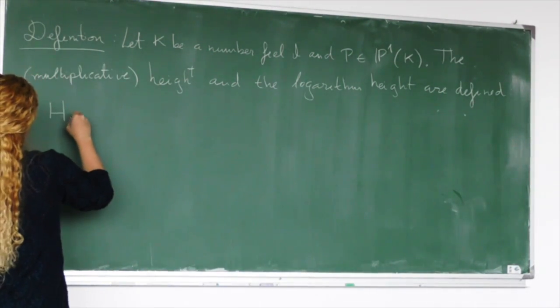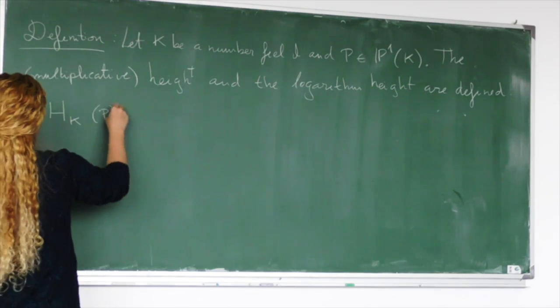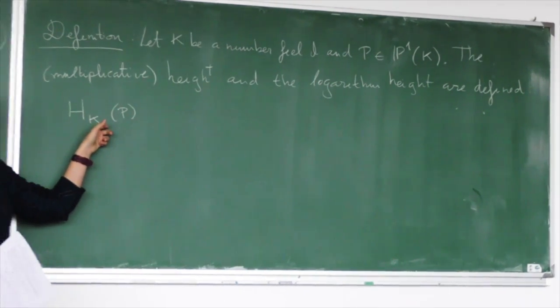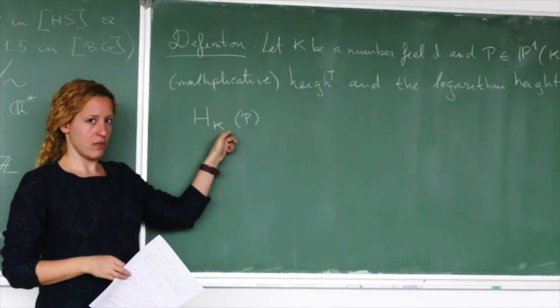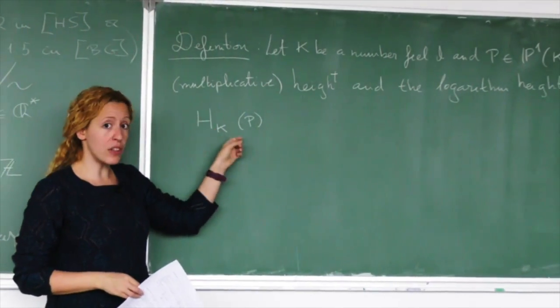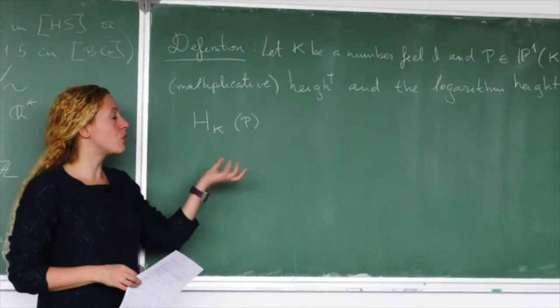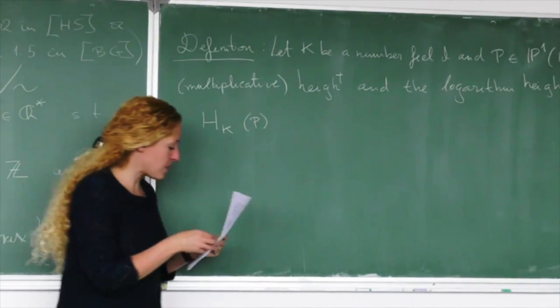First thing, here I am writing in the notation the field K. This is going to be important because the definition is going to depend on the field. We'll see later how to remove this dependency, okay?